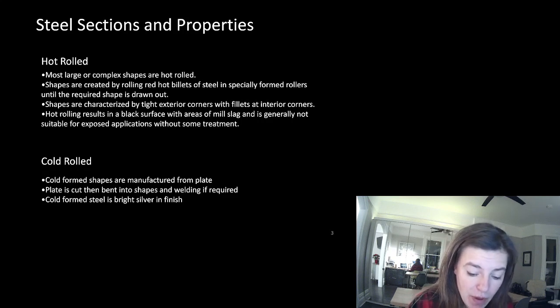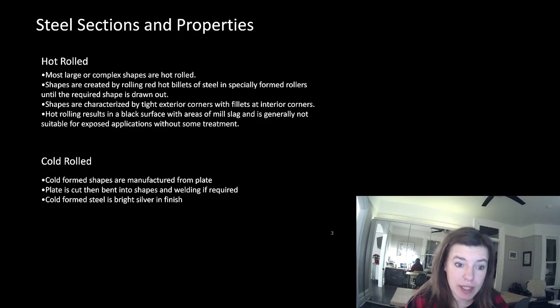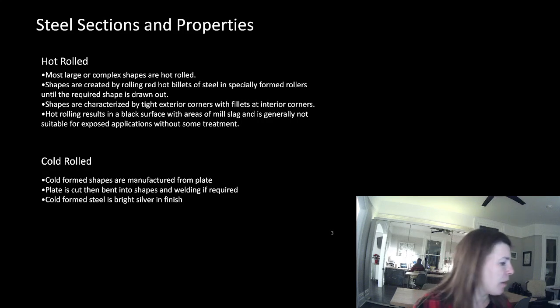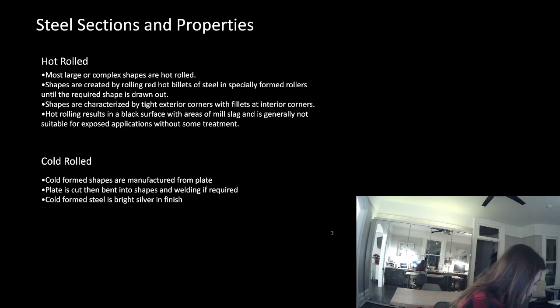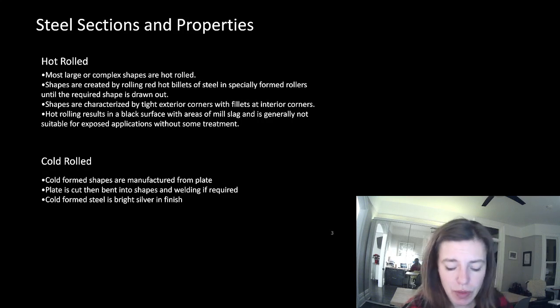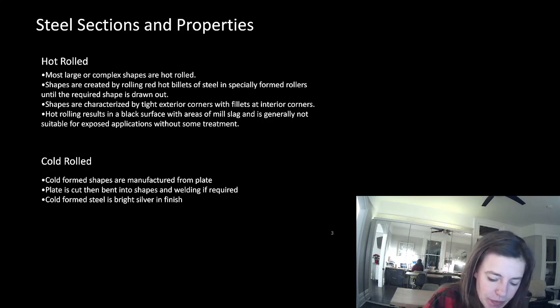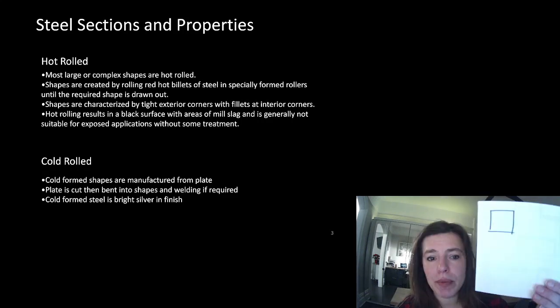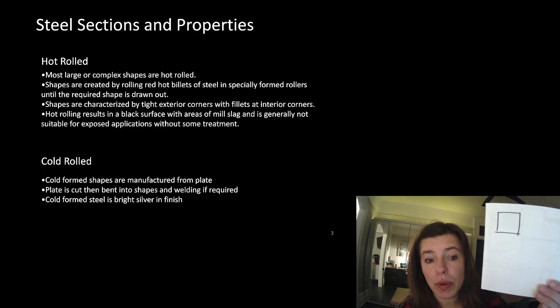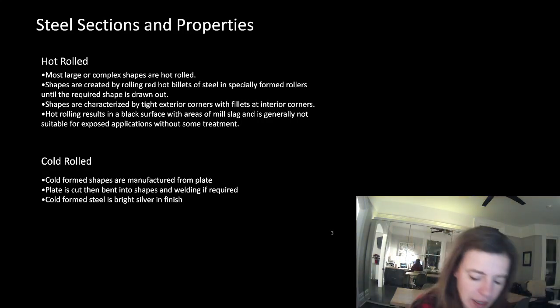And if any of you have worked with steel or looked at steel and been paying attention as we've gone through this, you'll see what I mean. So really what they do is they take a blob of steel that looks like this and they put it through a hot roller, all right?